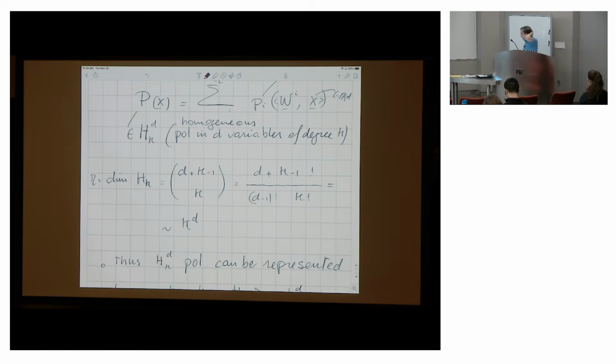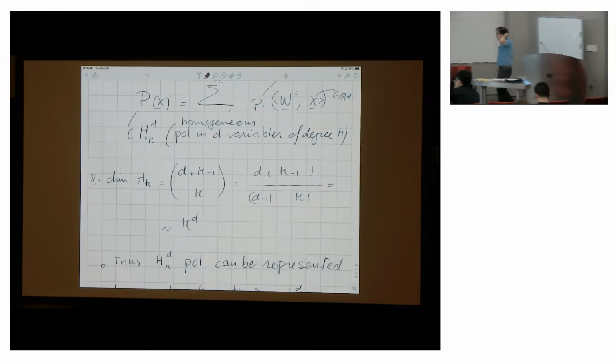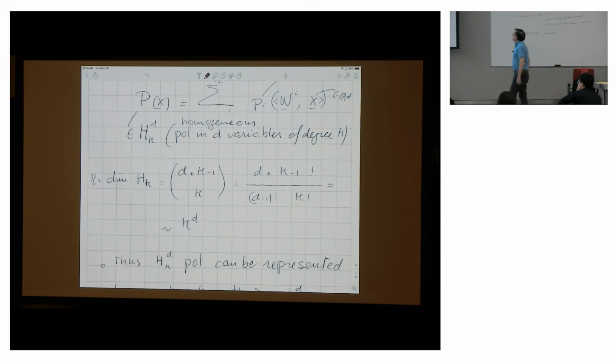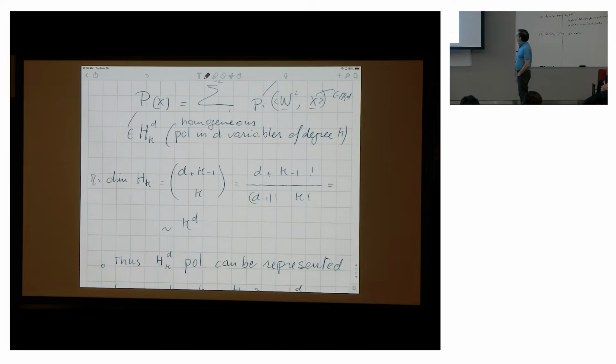So here we can go through it, but I'll go quickly because this is using formulas that are well known.